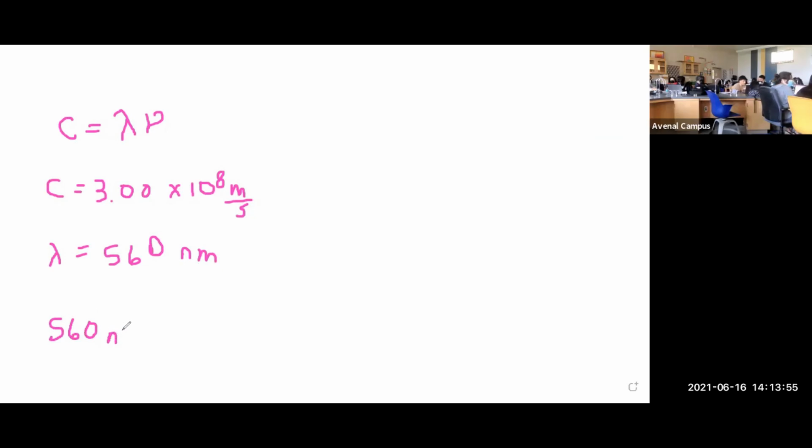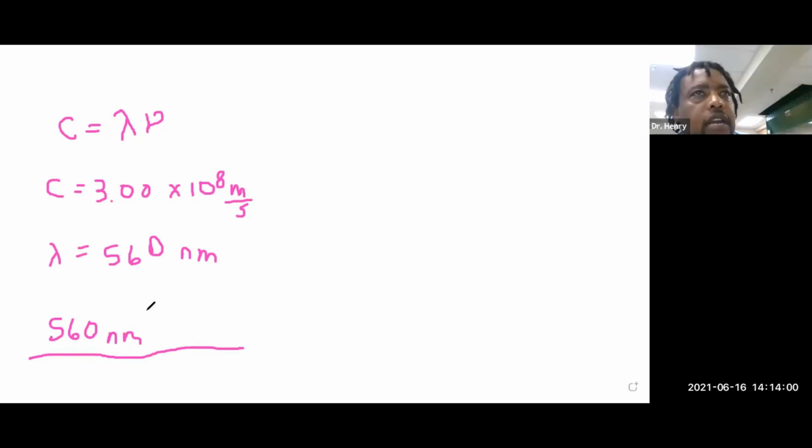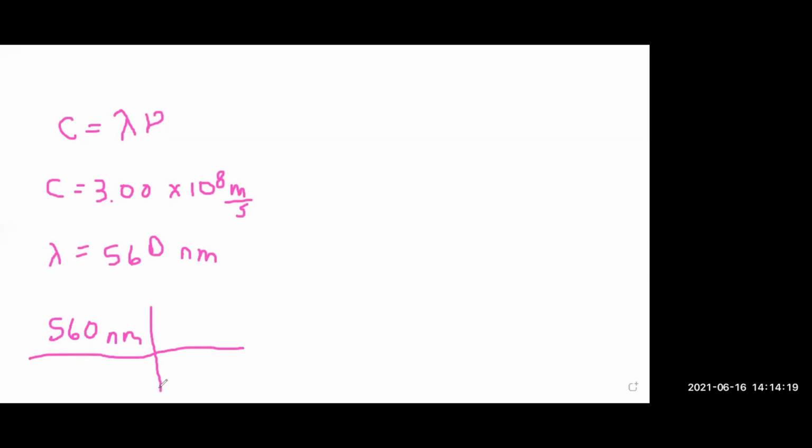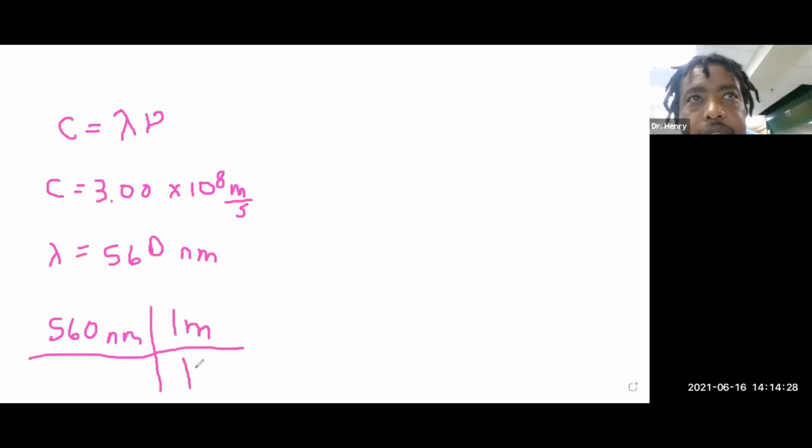Guys, quiet down, please. How many nanometers will equal a meter? 10 to the 9 equals a meter. So 1 meter, 10 to the what? 10 to the 9.